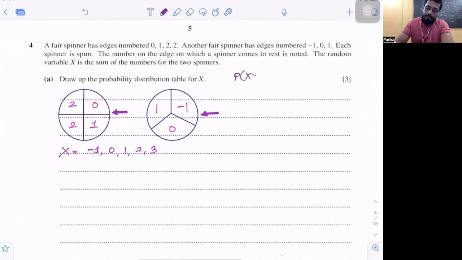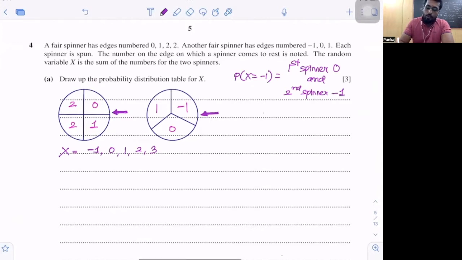On the first spinner, you are going to get 0, and on the second spinner, you are going to get -1, right?